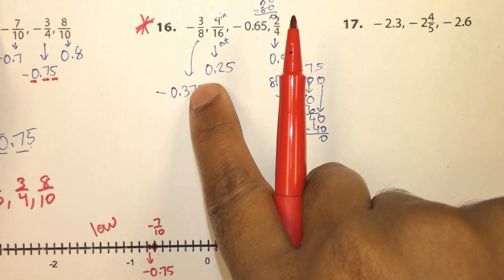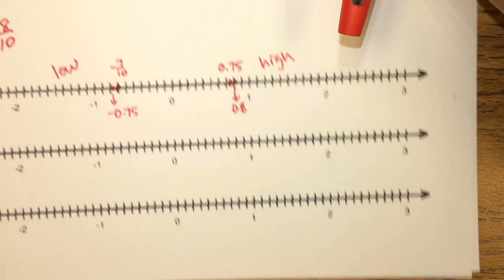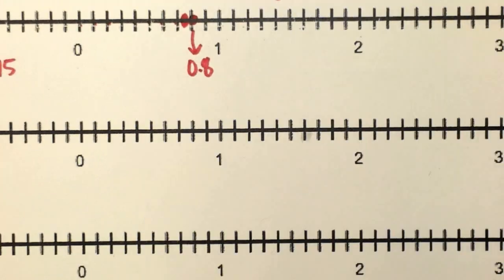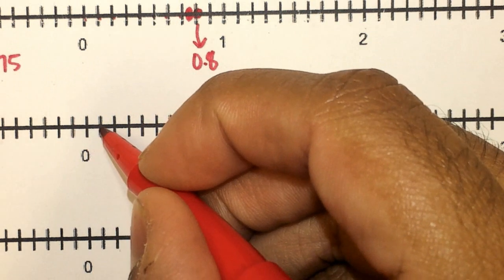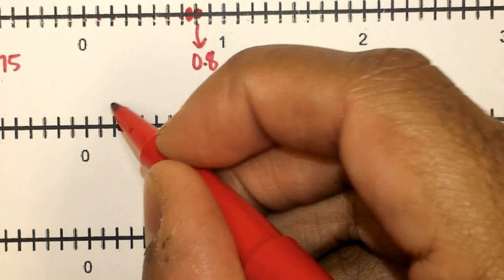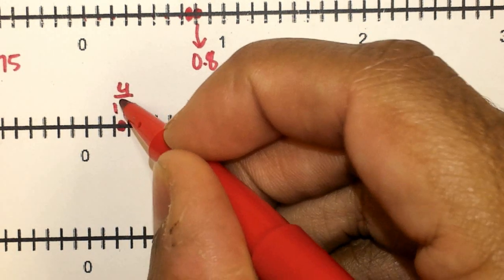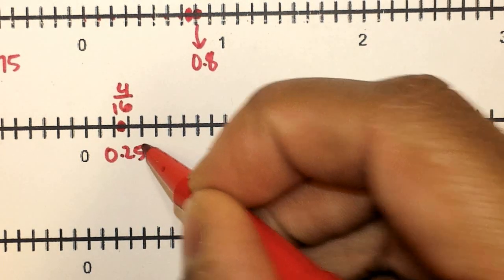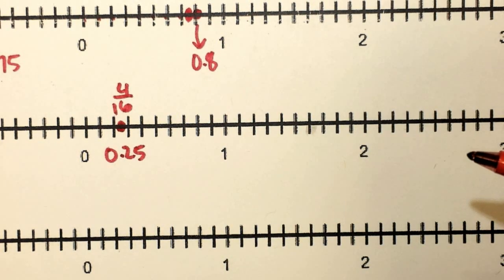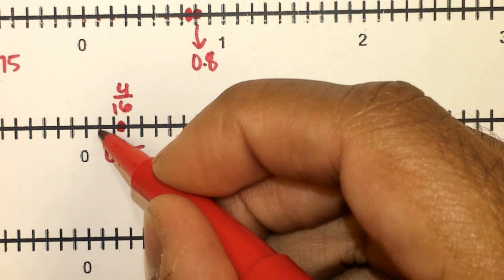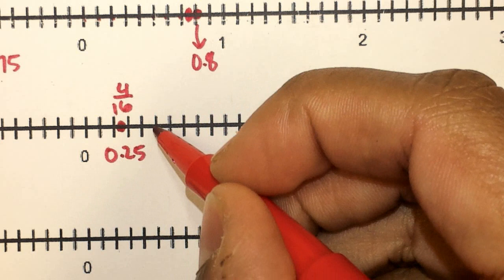So let's graph our positives, 25 hundredths and 5 tenths. On the number line, for 25 hundredths, I go to 2 tenths and 5 hundredths. For 2 fourths, that's 5 tenths: 1, 2, 3, 4, 5 tenths.